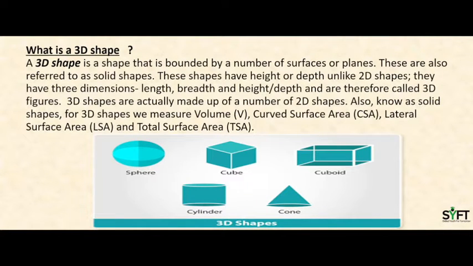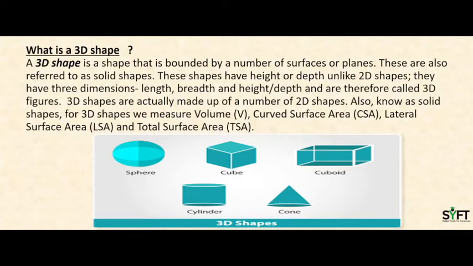What is a 3D shape? A 3D shape is a shape that is bounded by a number of surfaces or planes. These are also referred to as solid shapes. These shapes have height or depth, unlike 2D shapes. They have three dimensions: length, breadth and height or depth, and are therefore called 3D figures or shapes. 3D shapes are actually made up of a number of 2D shapes.